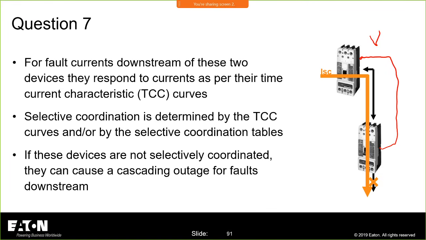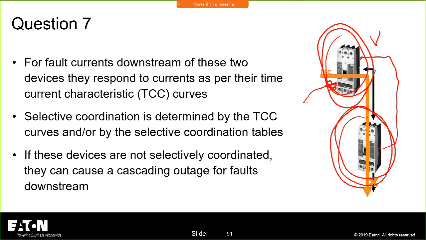I'm not going to get into that, but that voltage signal basically lets the two devices let each other know that they both see a fault occurring downstream. When they both see a fault occurring downstream, this guy up here is going to go based upon what you have programmed into the trip unit. This guy down here, the downstream, will trip based upon what you have programmed into the trip unit.